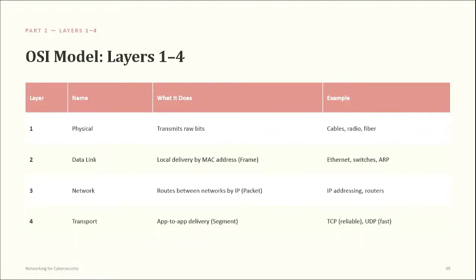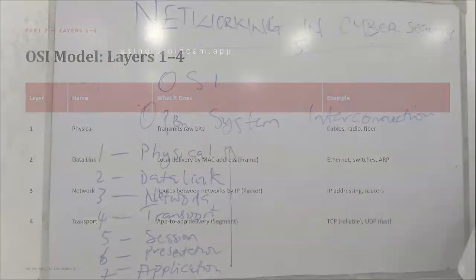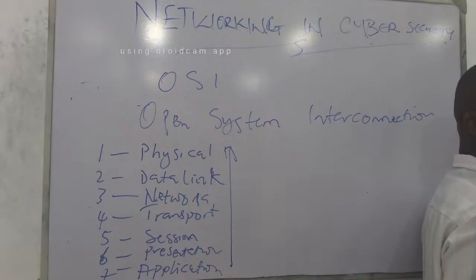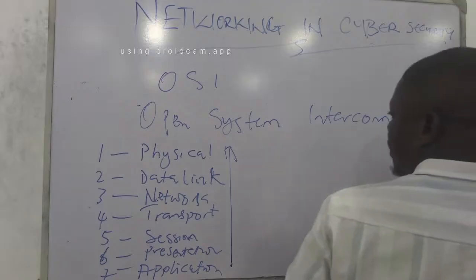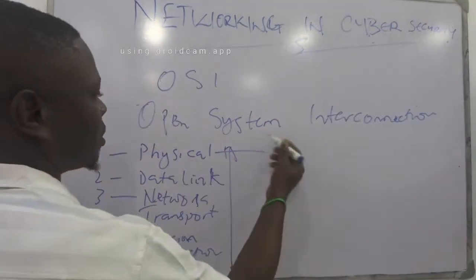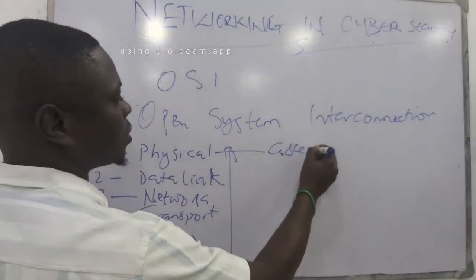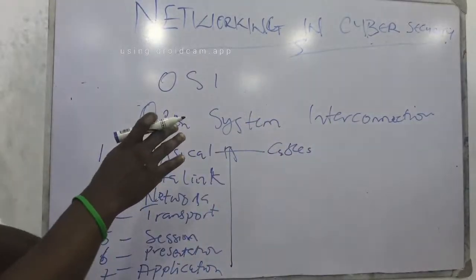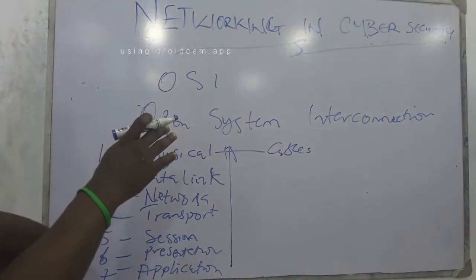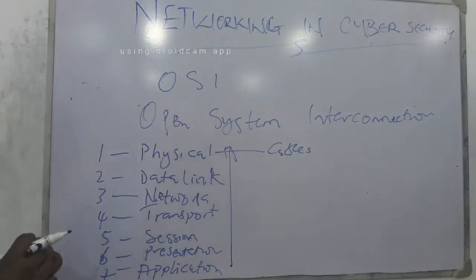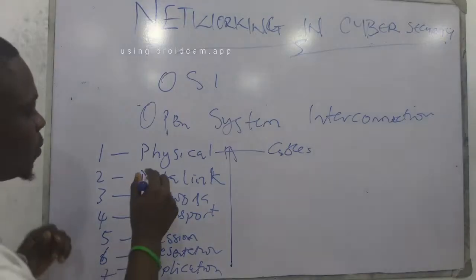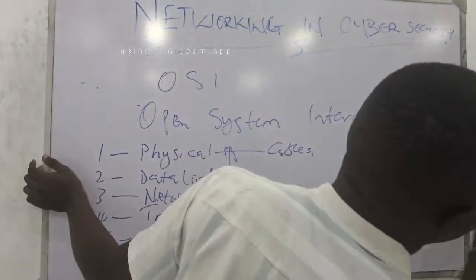These transmit raw data. Right, this cable, and we have radio, then we have the fiber. Then two, we have the data link, which is local delivery by MAC address, and the unit is the frame.